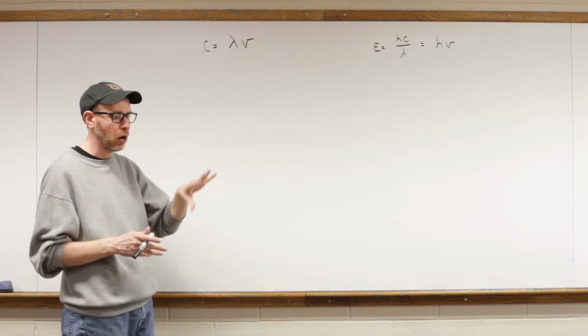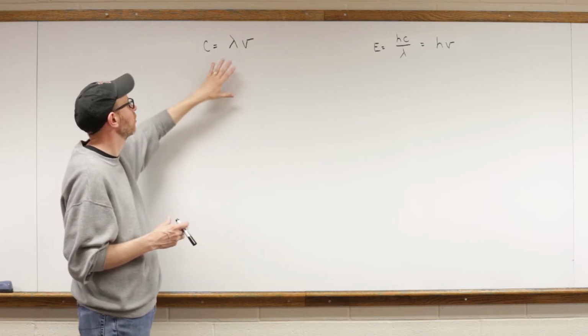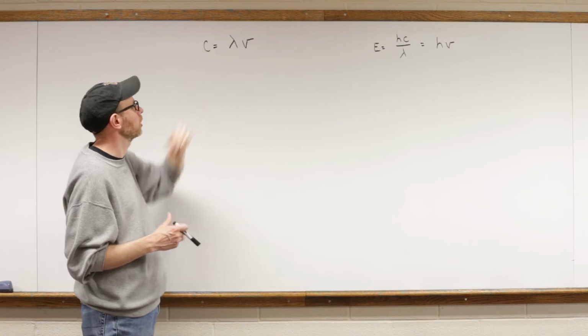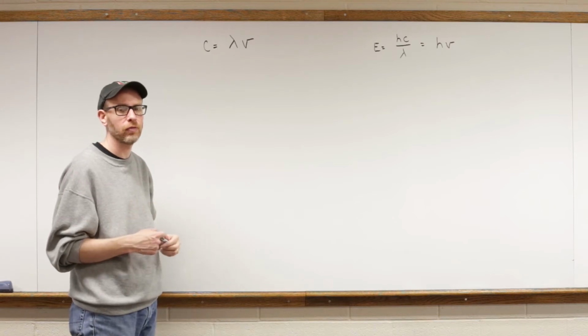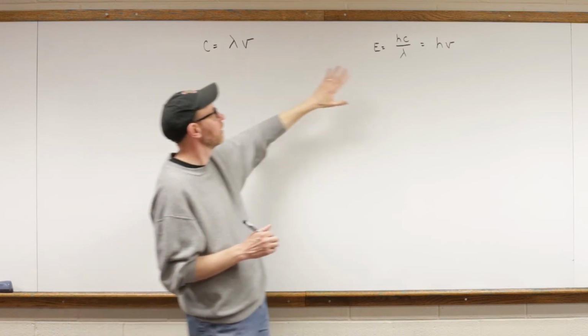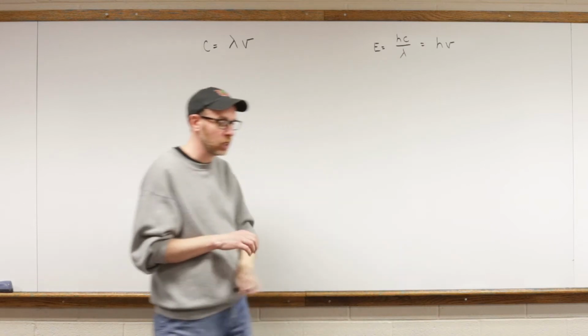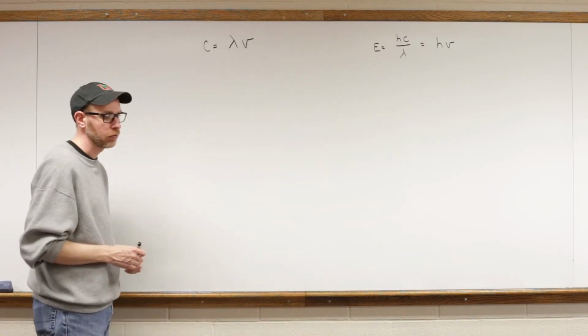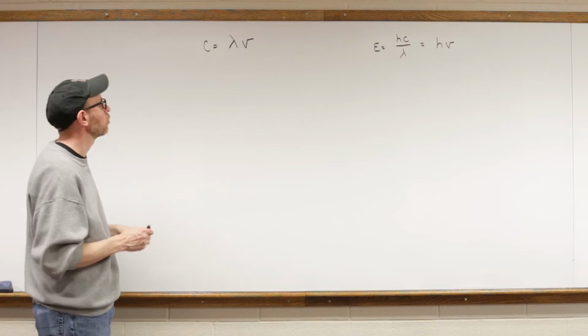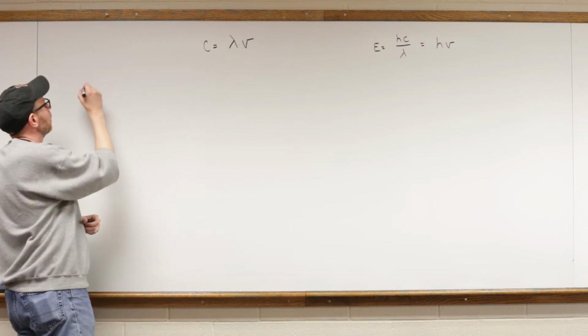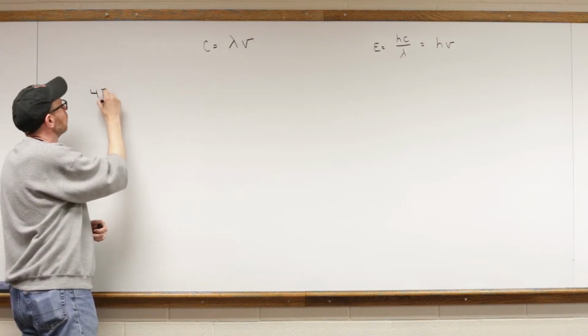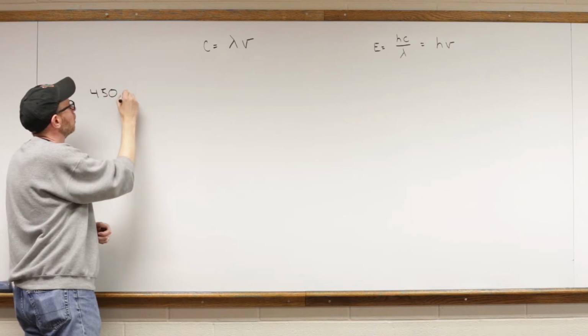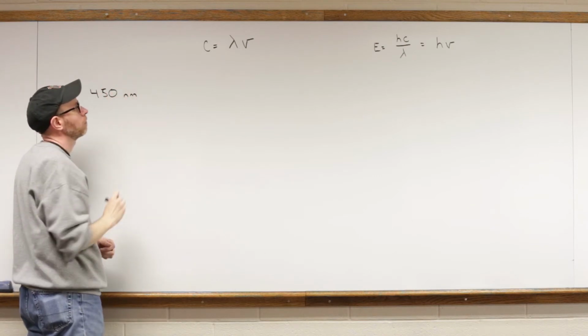So we're going to break this problem up into two parts. We're first going to look at how to do this particular conversion between wavelength and frequency. Then we're going to take that and calculate the energy of that photon from that. So the first step is we're looking at a 450 nanometer photon.